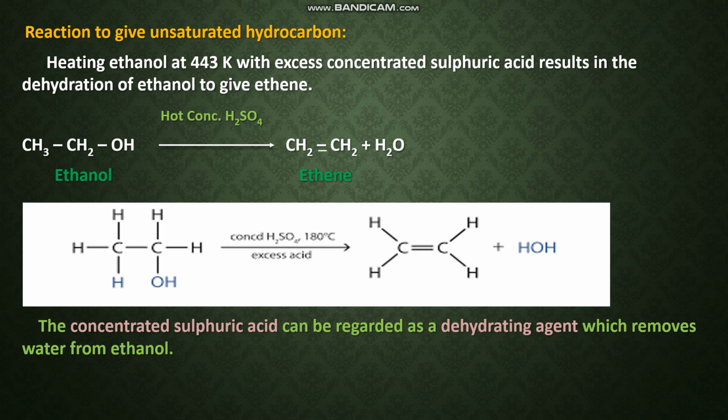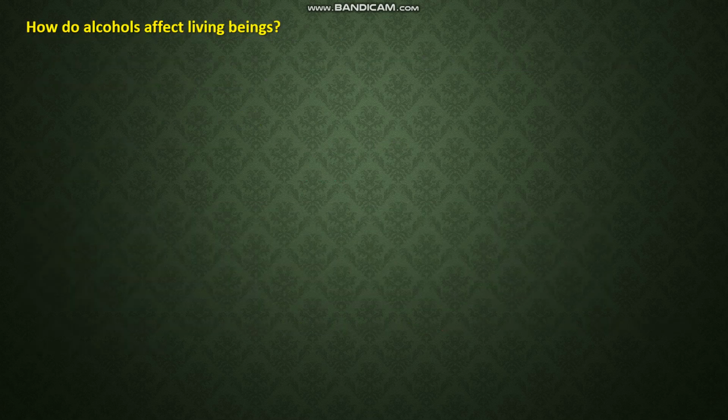So we have seen now the reaction of ethanol with concentrated sulfuric acid. Ethanol is converted to ethene and water is eliminated. And what is the function of concentrated sulfuric acid here? It is acting as a dehydrating agent because it removes water from ethanol. So we have learned two reactions of ethanol: how ethanol reacts with sodium metal, and how it gives an unsaturated compound.